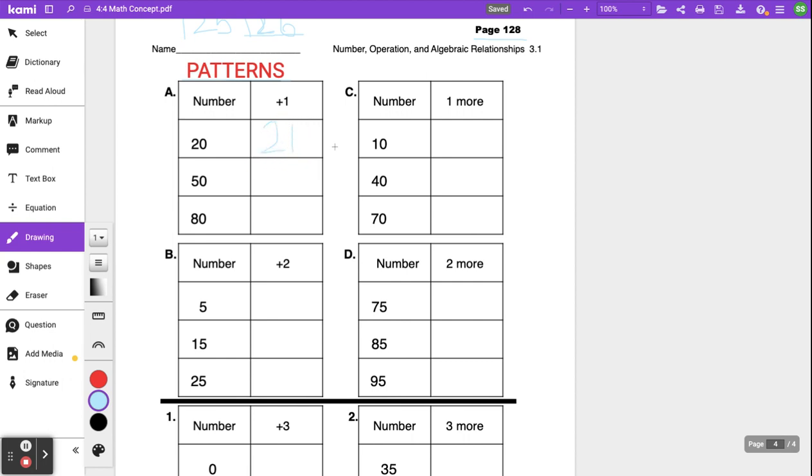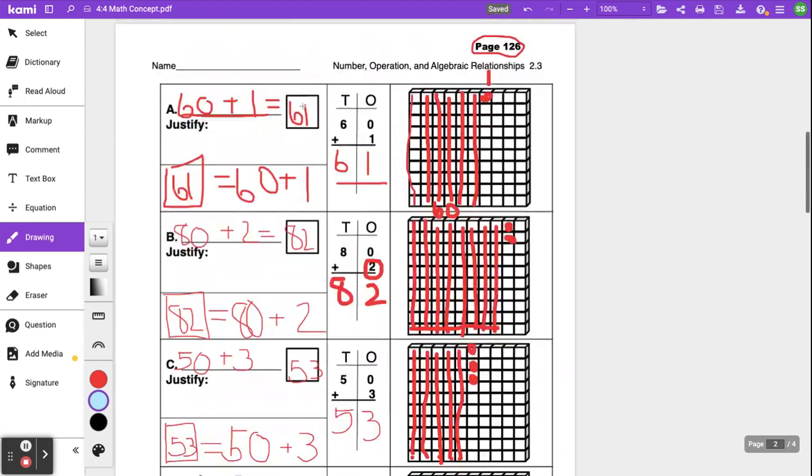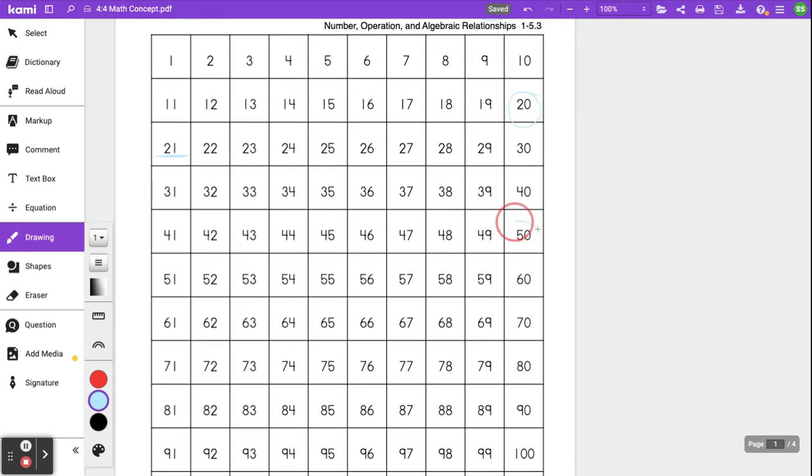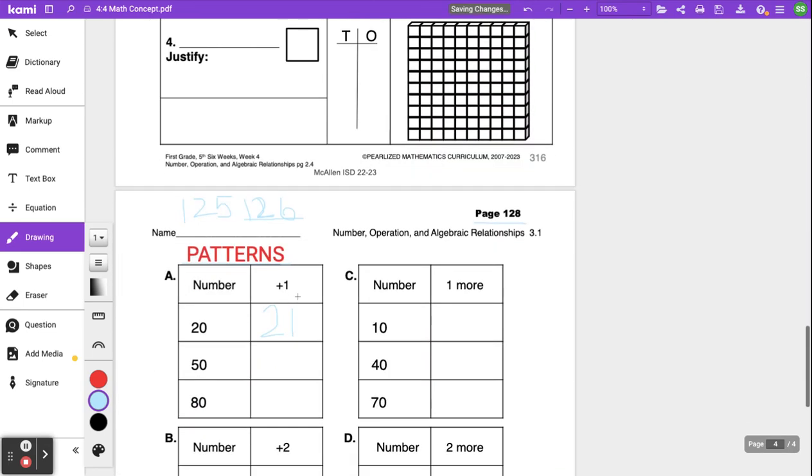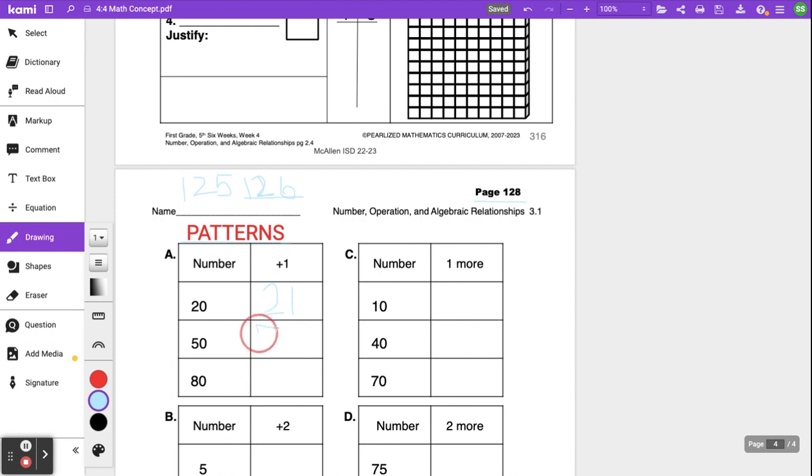And for example, when it says 20 plus 1, I would go back and find where's 20. Here's 20 plus 1. That's 21. So I can put here in my chart 21. The next one, 50 plus 1. Okay, 50 plus 1 is 51. I'm going to write it right here. 51. Now I have the number 80. What do you think it's going to be? 20 plus 1 is 21. 50 plus 1 is 51.